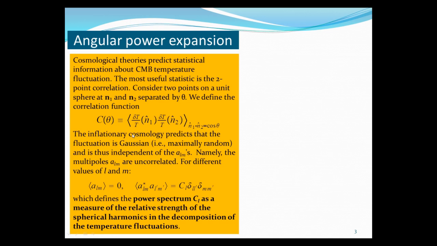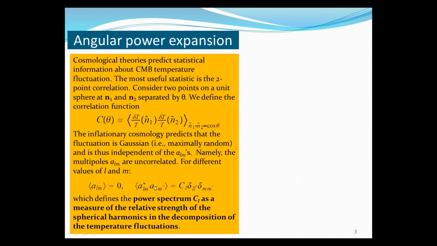The inflation cosmology predicts the fluctuation is Gaussian. That's maximally random, so it's independent. Namely, the a_lm multipole coefficients are uncorrelated. For different values of l and m, the average equals 0.